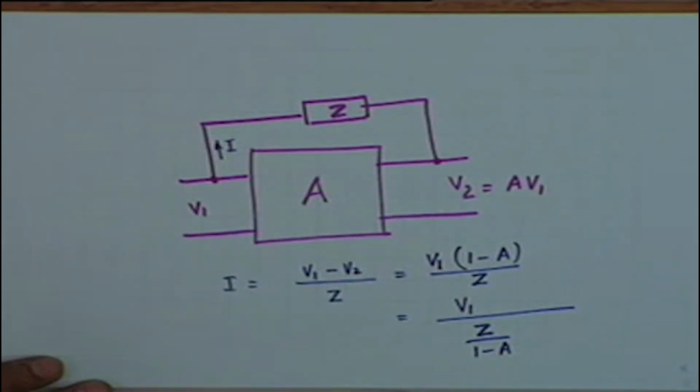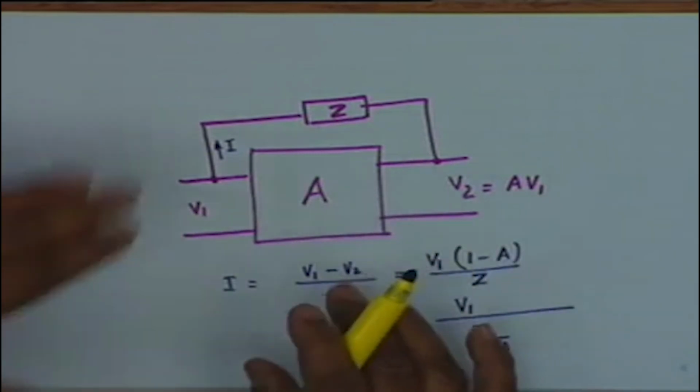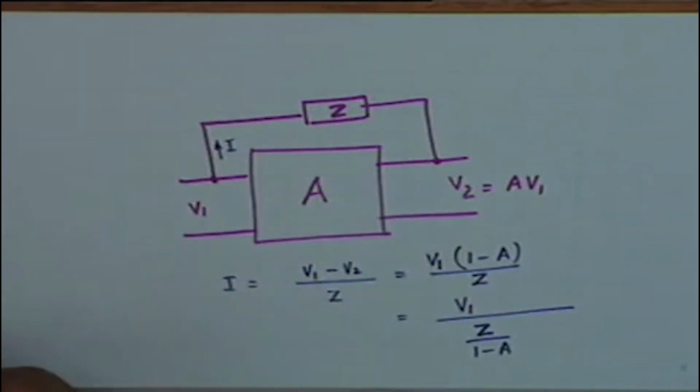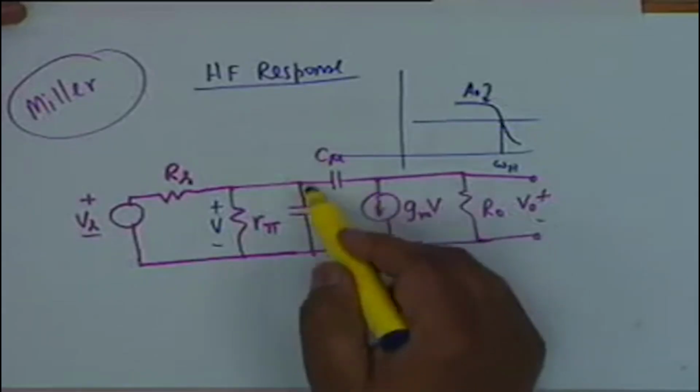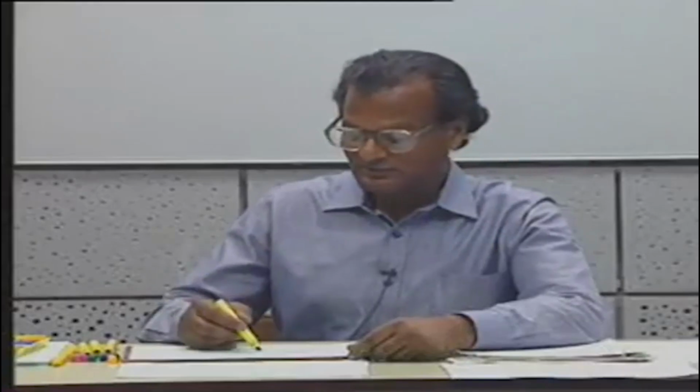Is that clear? No? You see, I want to convert this circuit into one in which the bridging impedance is not there. And the clue is, why did Miller think so? Miller found this very disturbing, this C mu. It's bridging the input and the output.